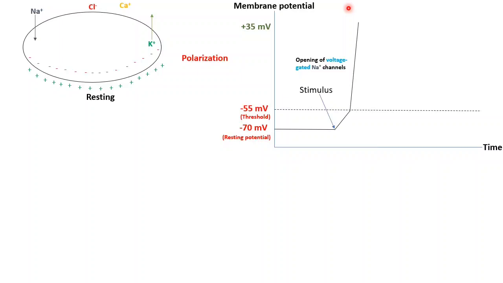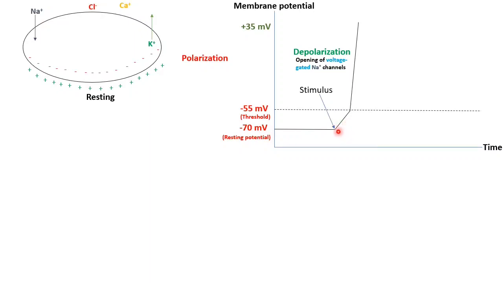So we call what happened depolarization. So depolarization is a state which is opposite to the state when the cell was in the resting state. Okay, and it occurred because of the opening of sodium channels, which happened after our membrane reached the threshold level.